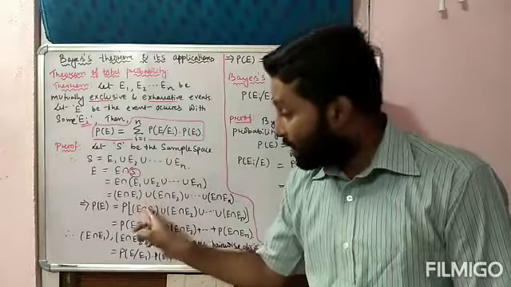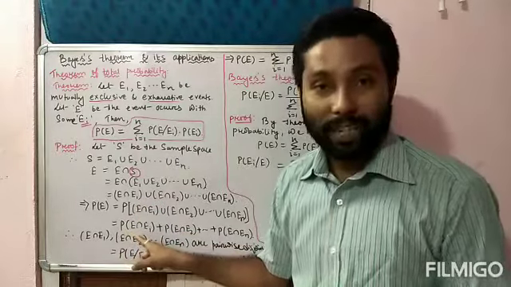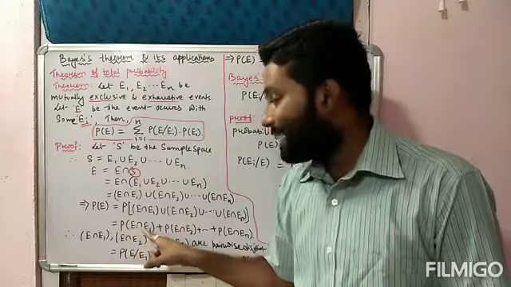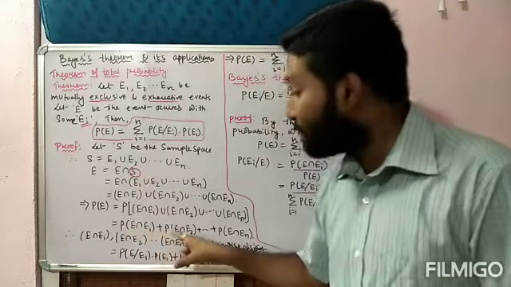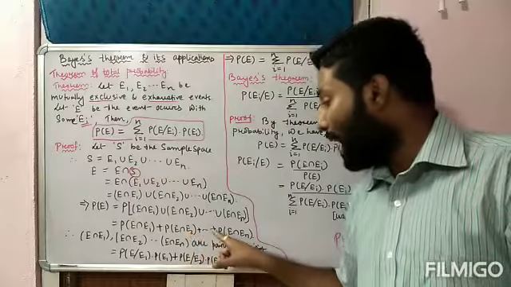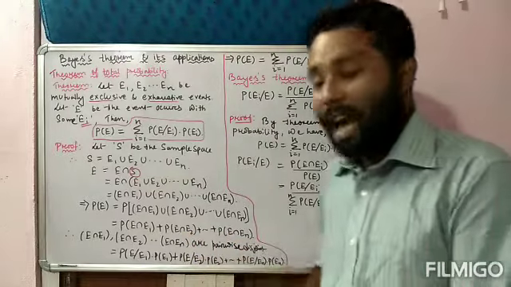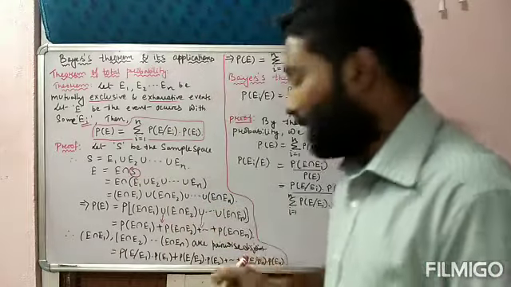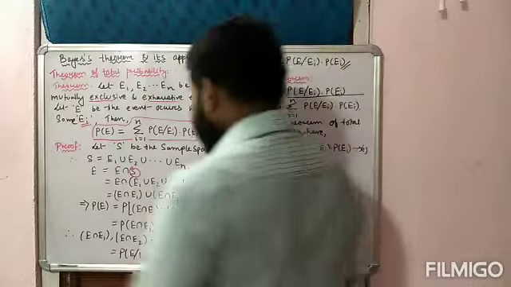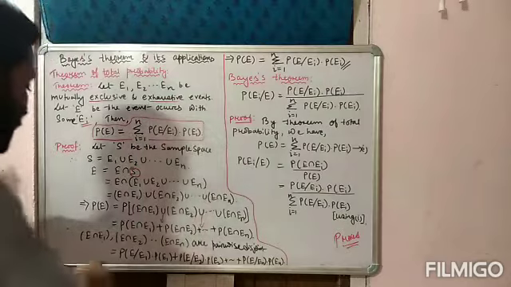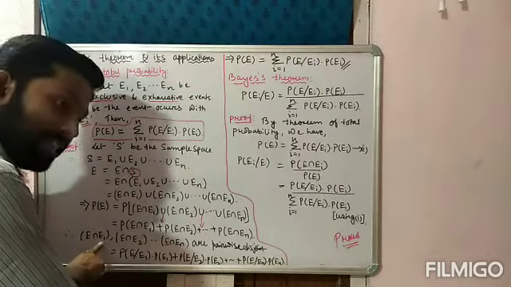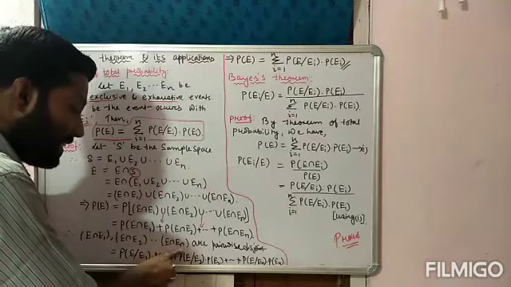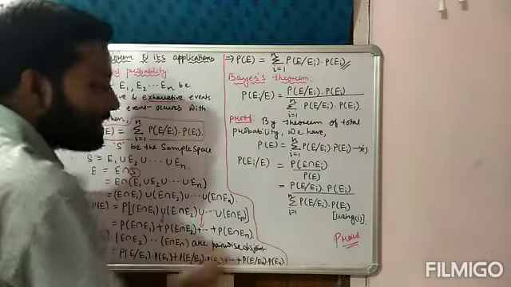Okay, after this the next step you have to check carefully. After this I have written P of E intersection E1 plus P of E intersection E2 plus P of E intersection En. How can we replace this union by this plus sign? Because I have mentioned the reason, because E intersection E1, E intersection E2, E intersection En, these are pairwise disjoint.